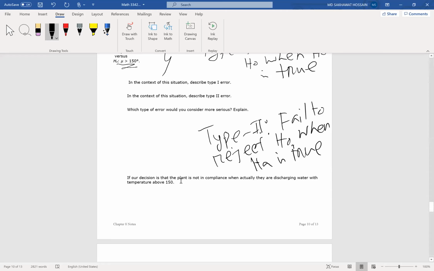So what do you think? Is it a correct decision or any type of error? Yeah, this is a correct decision, right? So there is no error.